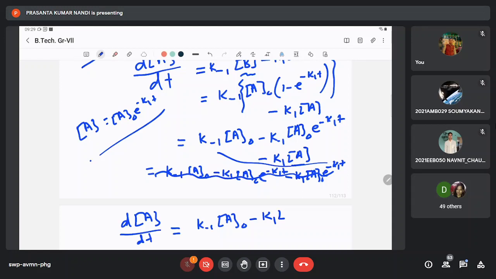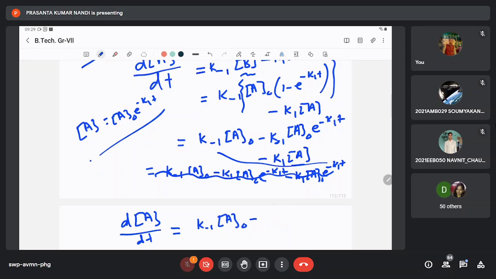The problem is that it is k minus 1 a, right? k minus 1 A zero into e to the power. So can we write like this? Instead of this, can we simplify?